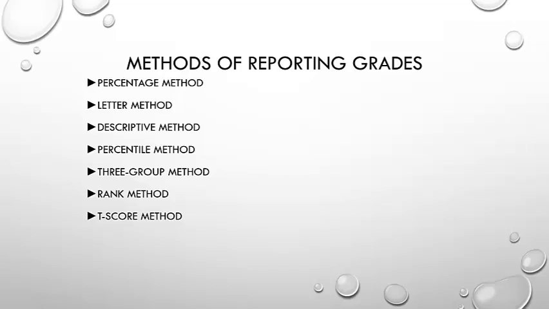You're going to learn how to do these last things when you get into ed research, and you learn some basic statistical descriptive methods. You'll come into these last ones, but really methods of reporting grades, just about everybody that I know of. In fact, I don't know of anybody other than elementary schools who don't do percentage grades.